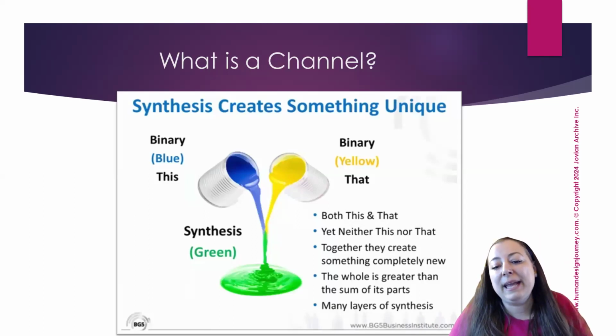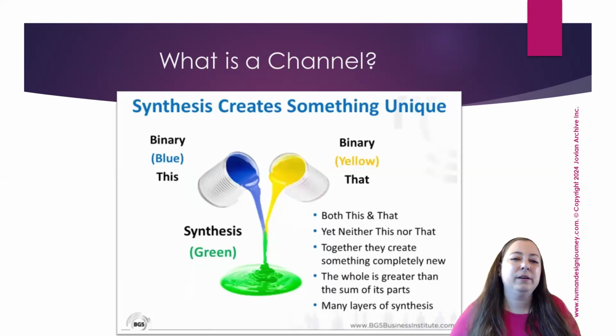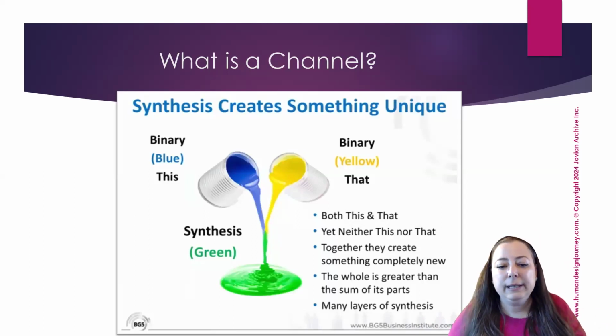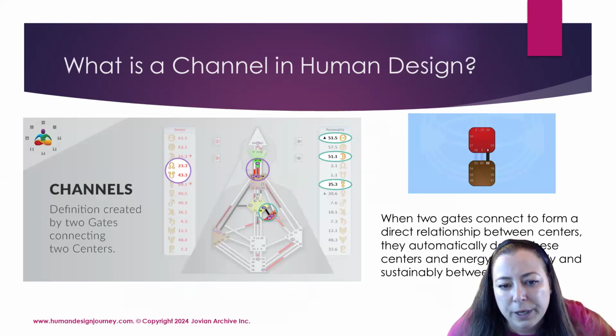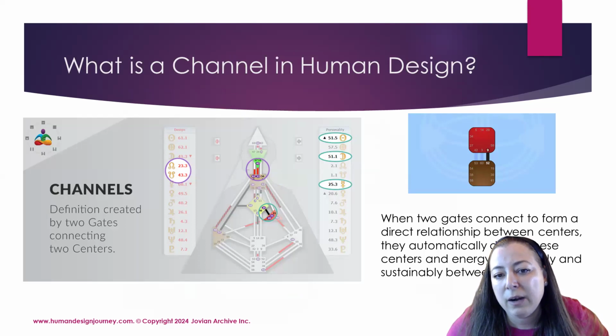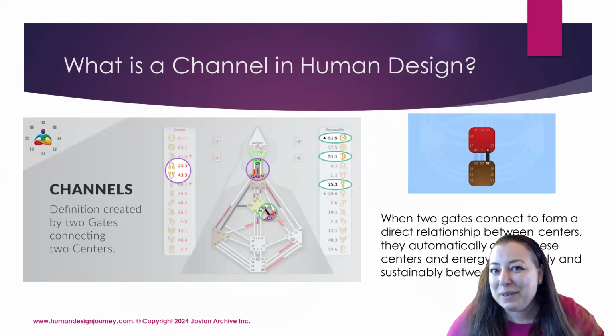And there are many layers of synthesis, such as whether the gates are in harmony. For instance, if we look here at the 25-51 channel, we have 25 in line 3 behind the dot, and it is in dissonance with the 51.1 and with the 51.5. So the energy here will flow, but it will be in dissonance.